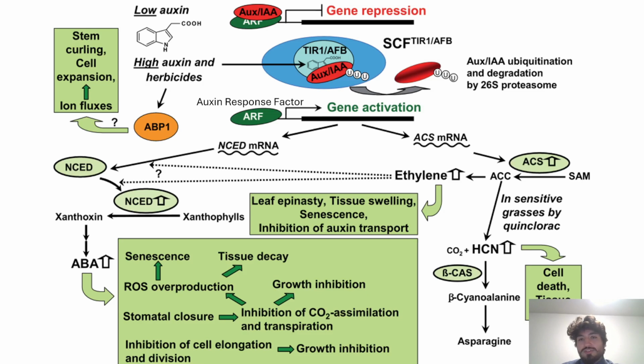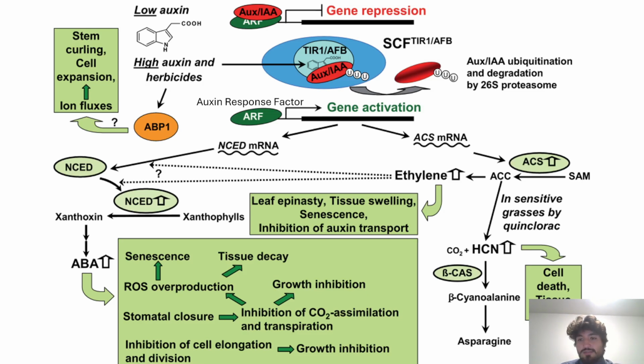And when ARF produces gene activation, it increases the levels of NCED and also ACS. So when NCED is at high levels, it leads to an increase in the levels of abscisic acid, which leads to senescence, tissue decay, growth inhibition, and all that. All right. On the other side, when ACS is high, it leads to an increase of ethylene levels inside the plant as well, which also leads to leaf epinasty, tissue swelling, senescence, and also the inhibition of auxin transport. All right.